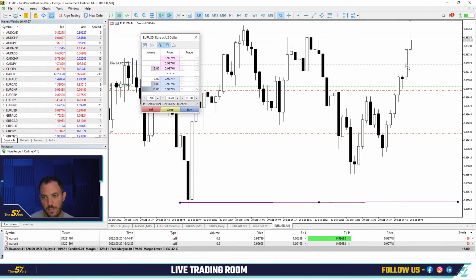I was expecting the market to slow down as it got closer to the resistance, but now it's picking up momentum. I need to be careful with that.